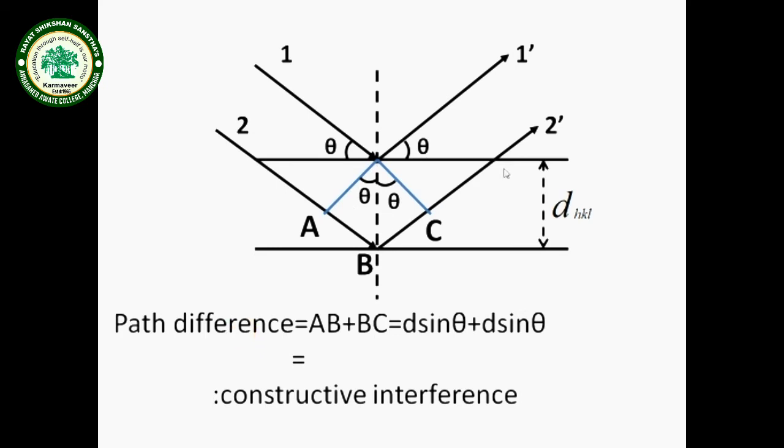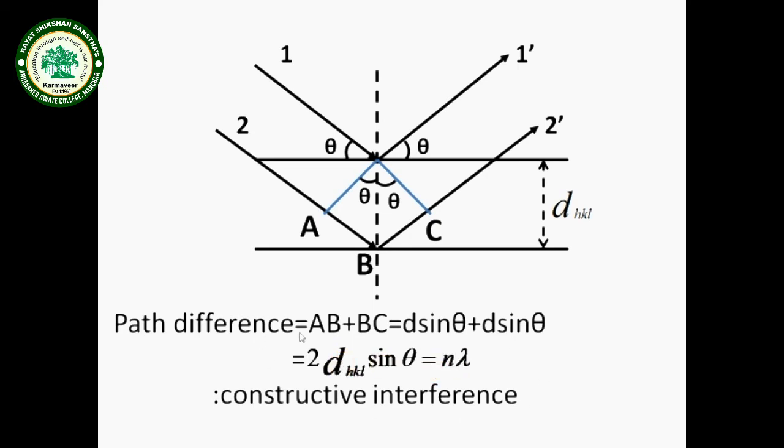In terms of d and theta, by making some mathematics, we can get AB is d sin theta, and similarly BC is also d sin theta. AB plus BC is giving us 2d sin theta. Therefore 2d sin theta is equal to n lambda.